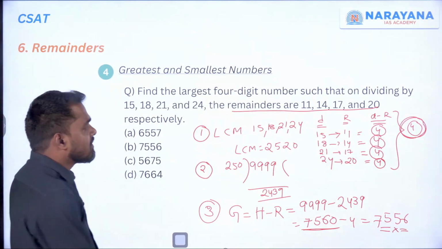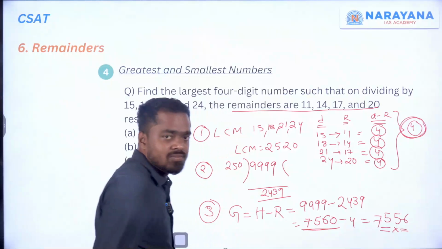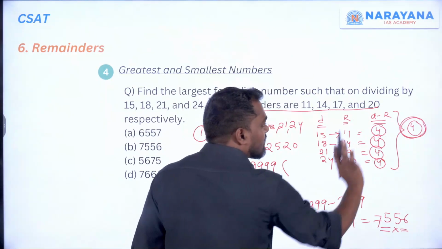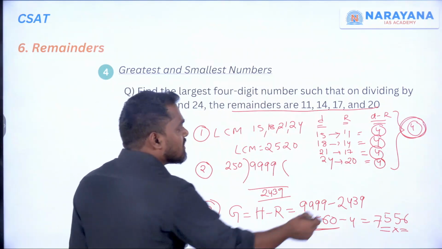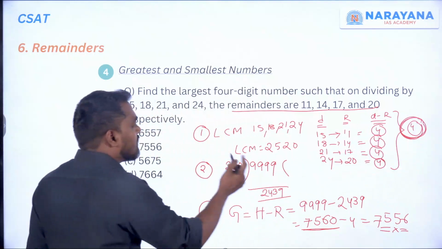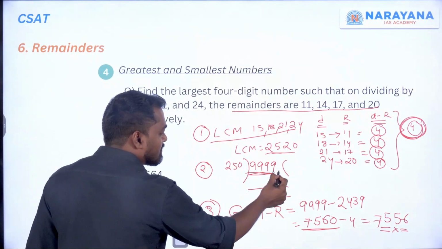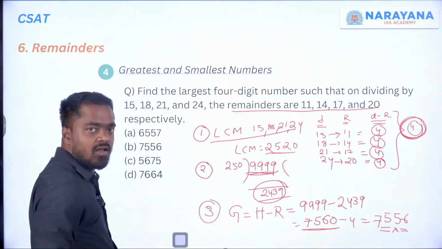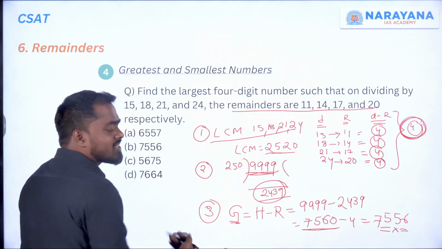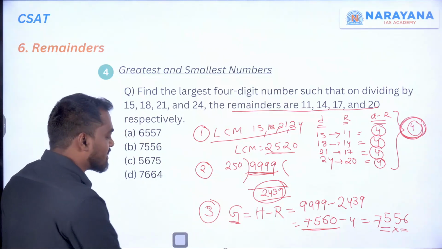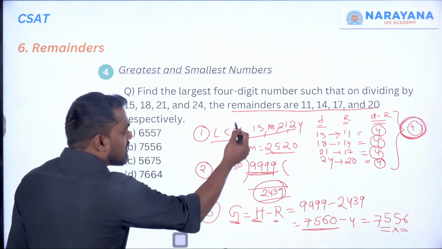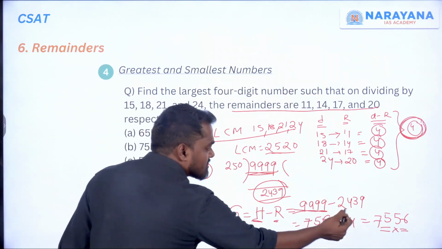Understood? We have already done these kinds of problems. Consider the d minus r. In each case it will be the same. So keep it separate. Find the LCM, 2520. Take the highest number. Consider the remainder. The formula for the greatest 4-digit number or the largest 4-digit number is highest minus remainder. Highest is 9999 minus this remainder.